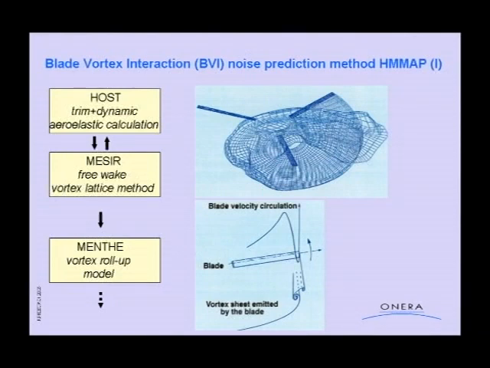In fact, it computes the equilibrium of the complete helicopter, but it deduces the trim of the rotor once you want to achieve a given lift and propulsive force, and also calculates the dynamic and the aeroelastic deformation, iteratively with the free wake vortex lattice method. And the next step is the vortex roll-up model, which, starting from the span-wise blade lift circulation distribution, computes the interacting vortices.